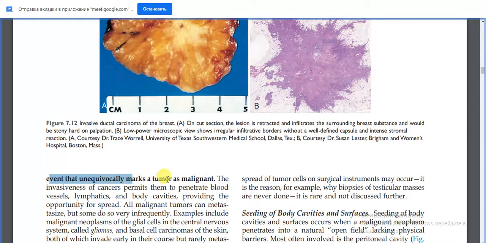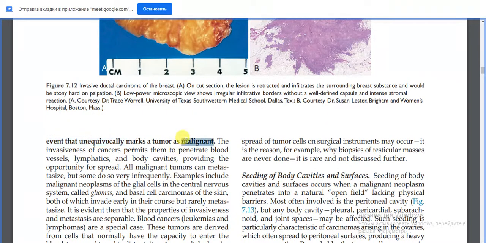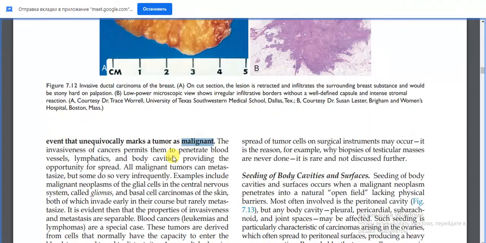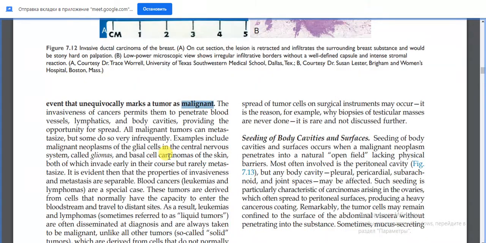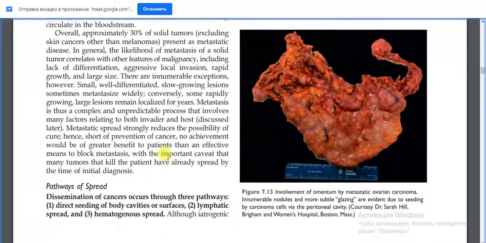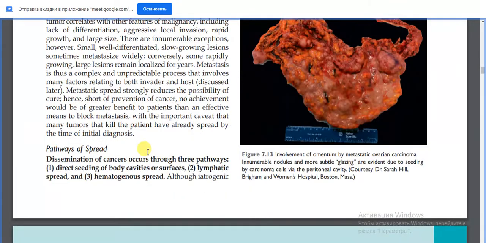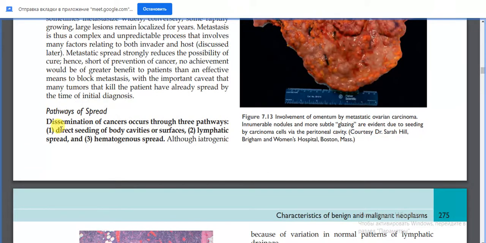So if we have metastasis, we can claim it is malignant. Now, how does it spread? We have to discuss pathways of spread. It might be direct seeding of body cavities or surfaces, lymphatic spread, or hematogenous spread.